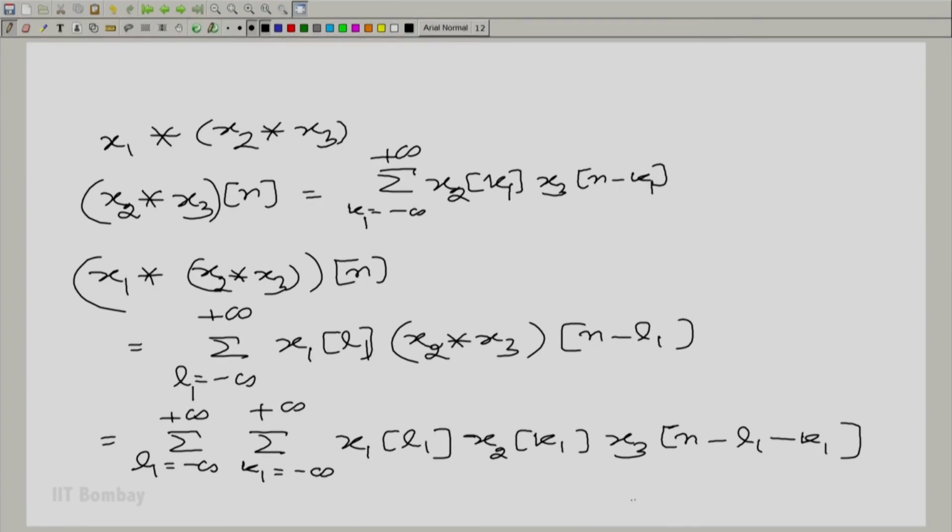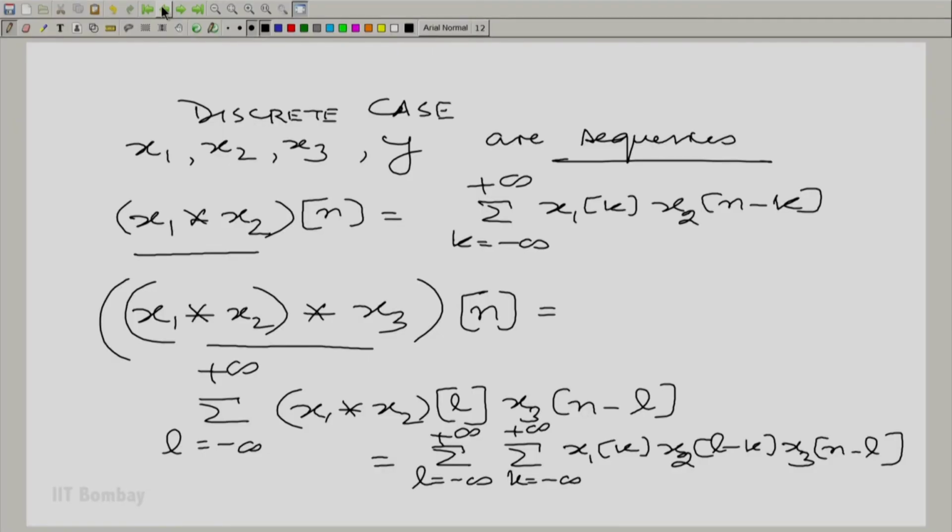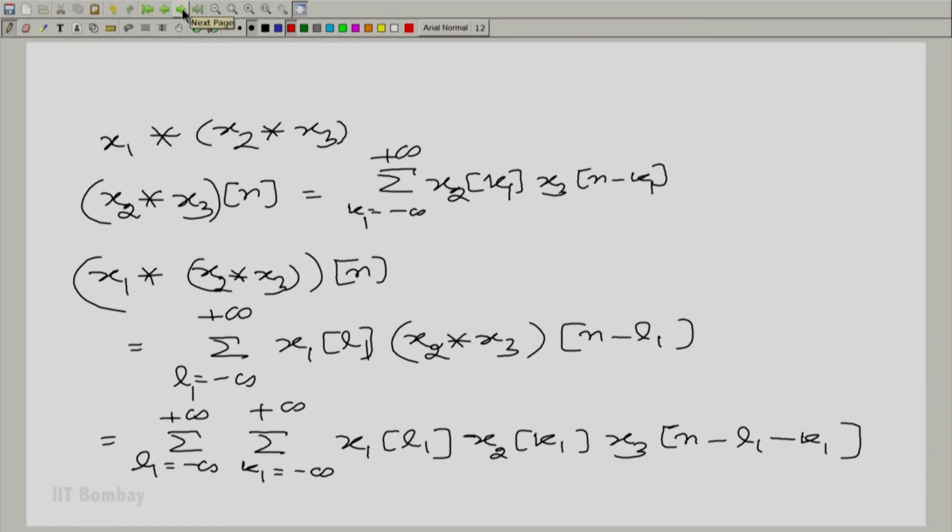This is what we have. Now, we need to make a correspondence of variables and then decide upon an appropriate transformation. So, let us go back to the previous expression that we had. Look at this expression here. You see, what you had here was this expression finally, and you need to bring a correspondence with this expression here.